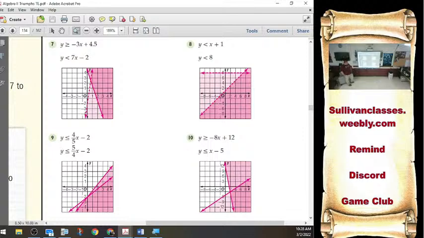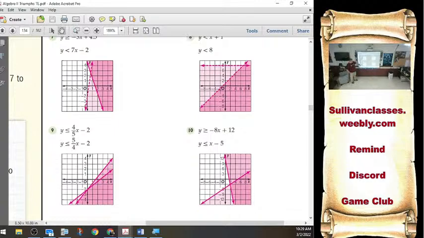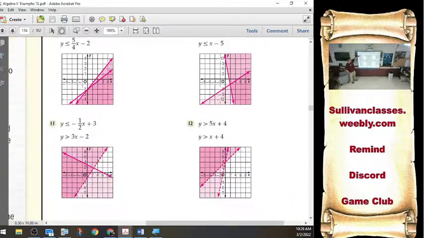And then that bottom one is bottom right corner. Okay. Bottom ones.